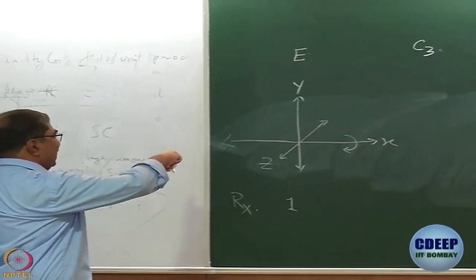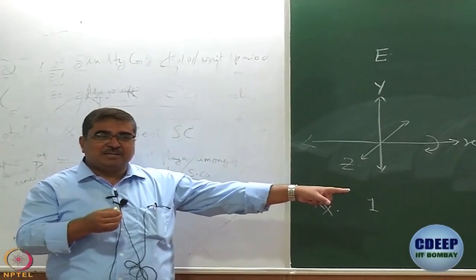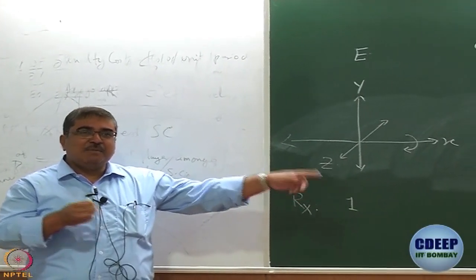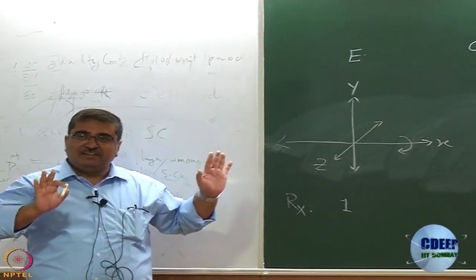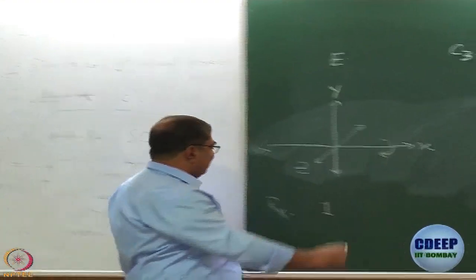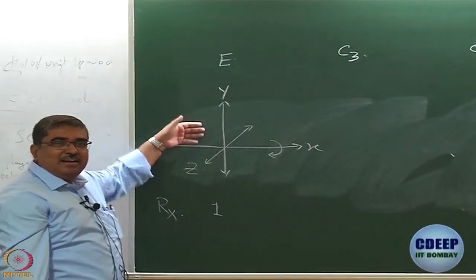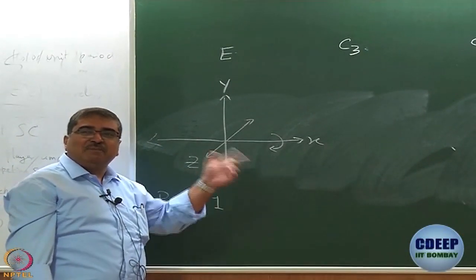Now, we have to be careful. Let us do sigma v and sigma v dash first, that is easier. Let us apply sigma v. If you apply sigma v, which is along the plane of the board, does Rx remain Rx or does it become minus Rx?